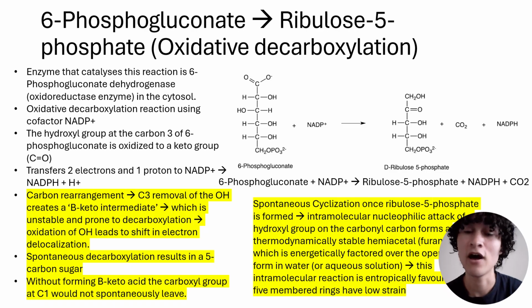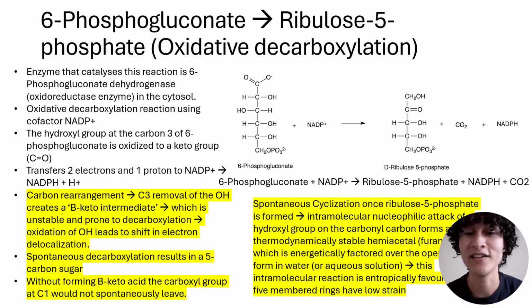The only difference is that a carbonyl group, an aldehyde functional group, exists on the terminal end of a molecule, whereas ketones, if you like, are carbonyl groups that are embedded within the carbon chain. They're not on the terminus, if you like. So the oxidation of that hydroxyl group on the third carbon gives us that ketone group.